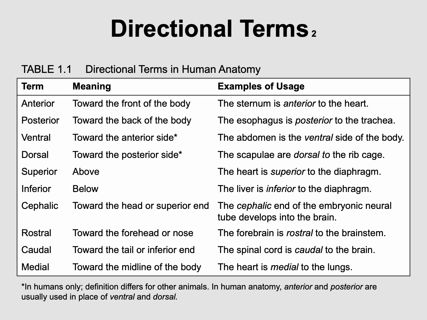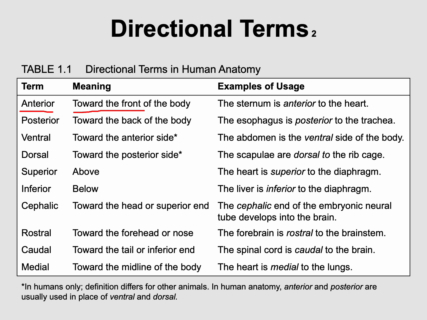And the first one, we have the anterior, which, as I mentioned, means toward the front of the body. On the other hand, the opposite of the anterior is posterior, which refers to the back of the body. So examples right here, the sternum is anterior to the heart, and the esophagus is posterior to the trachea.